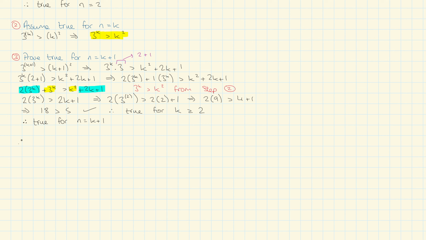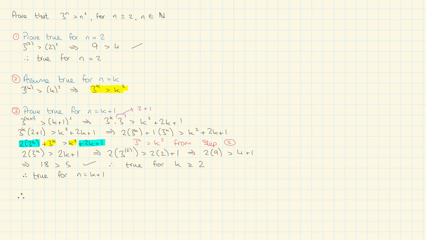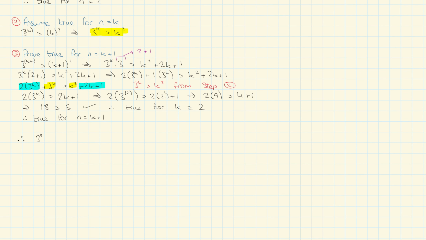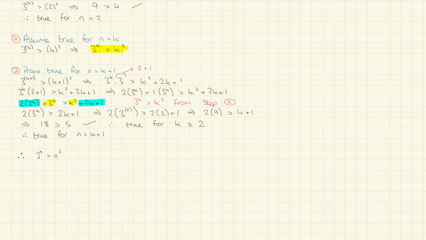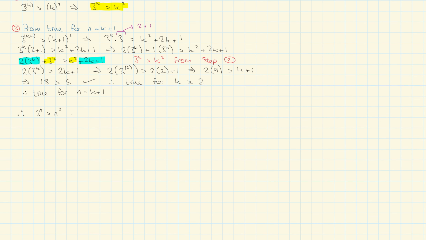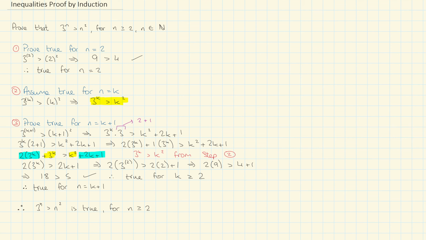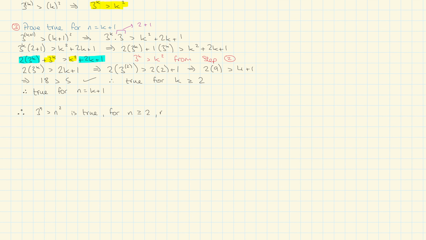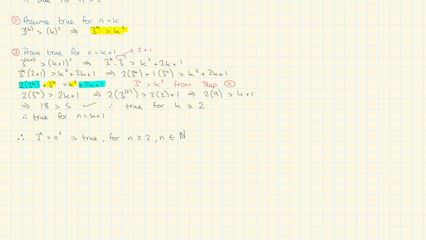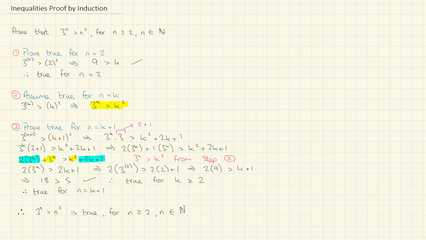And our final statement, we have 3 to the power of n is greater than n squared is true for n greater than or equal to 2 and n an element of the natural numbers. Okay, so there's your proof by induction for an inequalities proof, and that's us done.